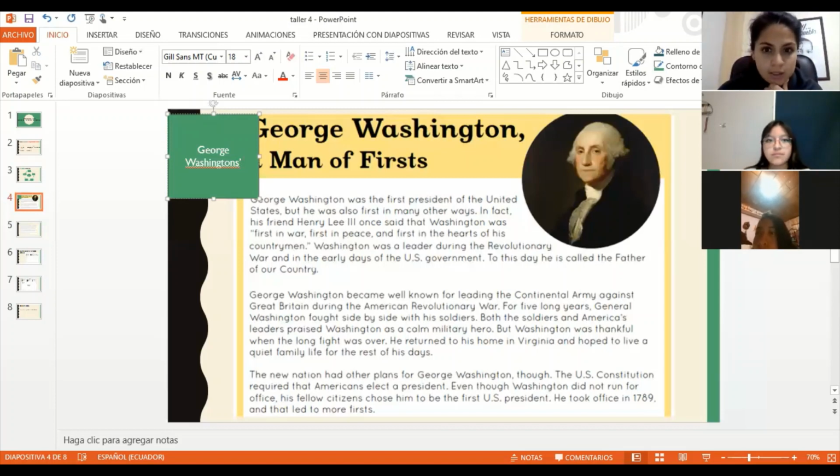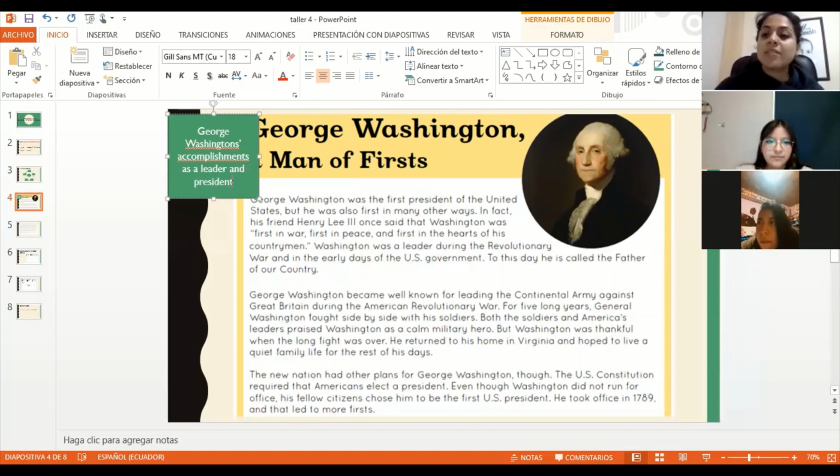George Washington's accomplishments, maybe? Accomplishments as what? As a leader and president, right? So that is the main idea, the general idea of this text. George Washington's accomplishments as a leader and president, okay? And that includes what he did, how it was, etc.